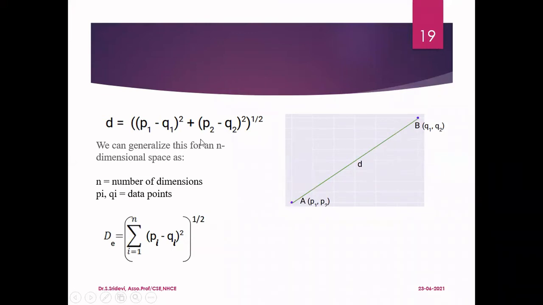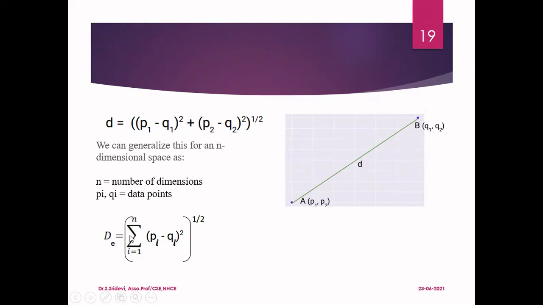We can generalize this equation for the n-dimensional plane because our data set is definitely more than 2-dimensional. So if you want to generalize for the n-dimensional plane, the distance is calculated by, here instead of P1, you substitute Pi. So Pi minus Qi the whole squared. Okay, so we are summing different terms. P1 minus Q1 the whole squared is summed with P2 minus Q2 the whole squared.